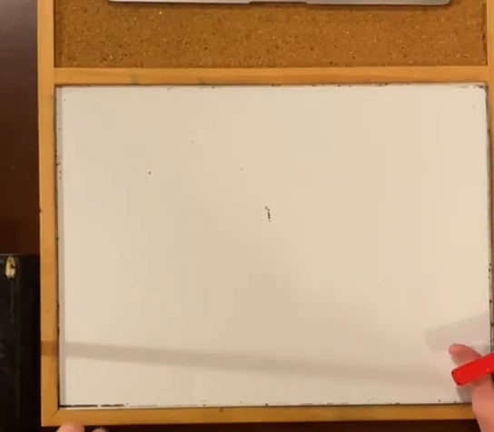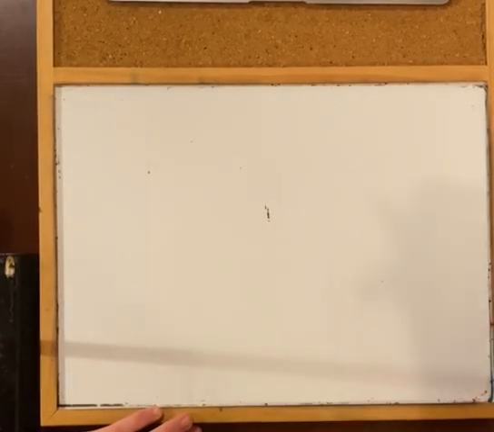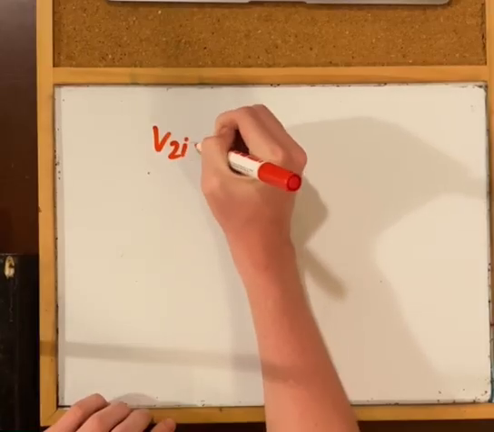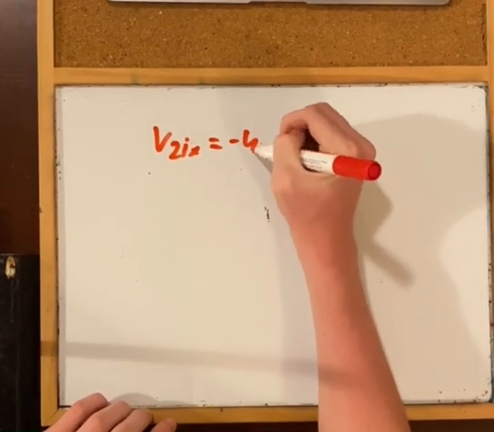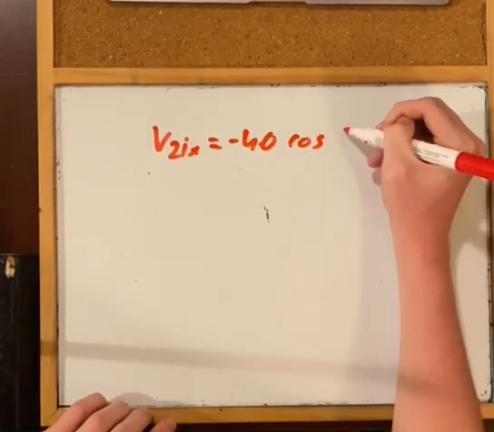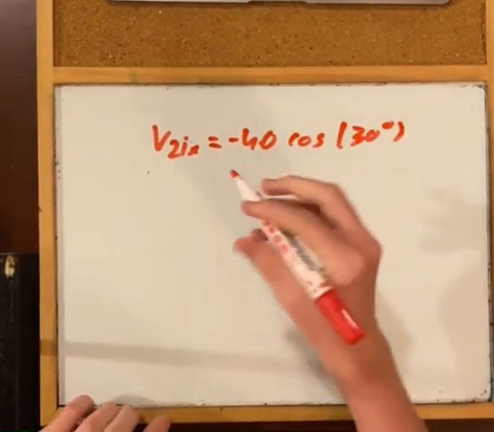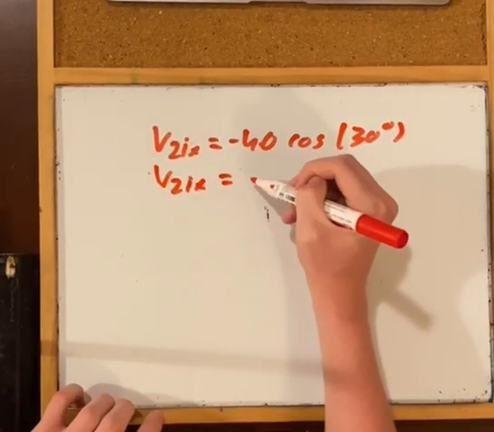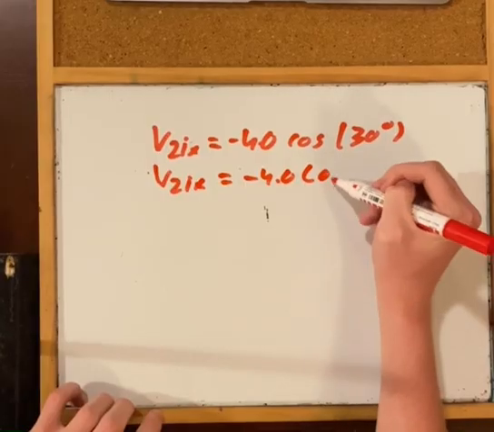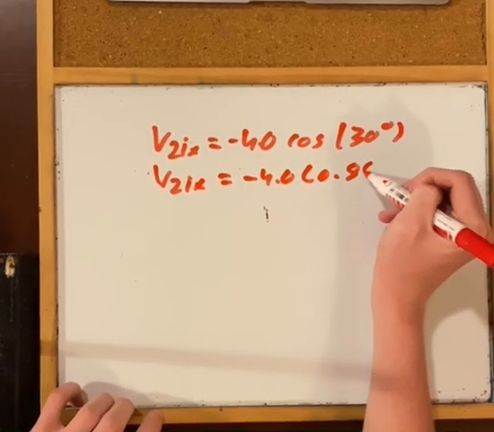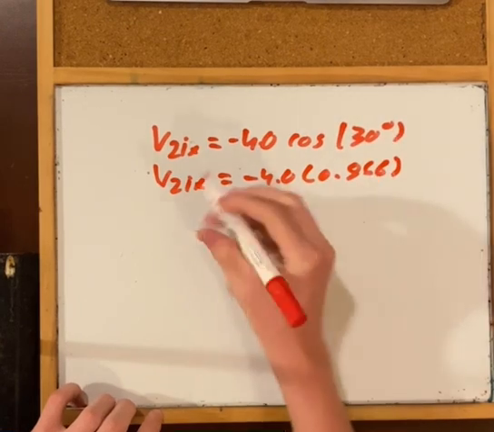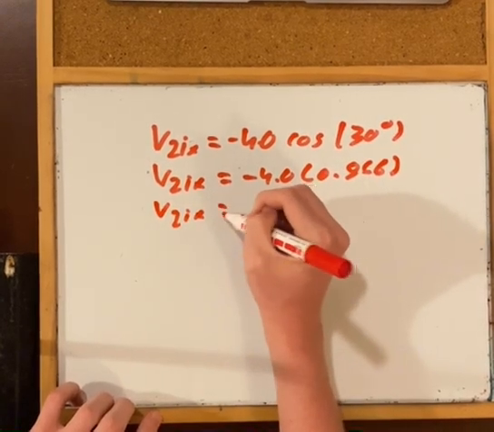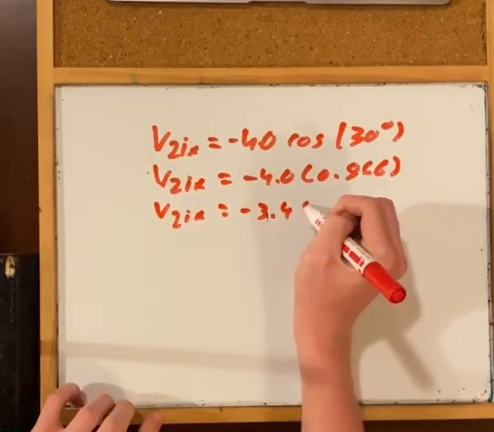Okay, so now we're moving on to our substitution, which is a very long process. So first we must resolve Yediel's initial velocity into components. So we'll do v2ix, initial x, equals negative 4.0 cos 30 degrees. v2ix equals 4.0 times 0.86, so v2ix equals negative 3.46.